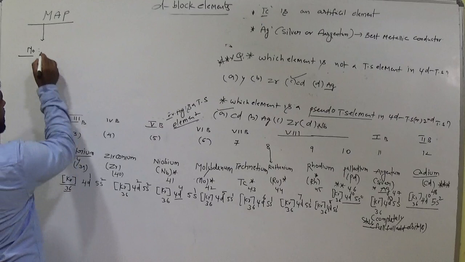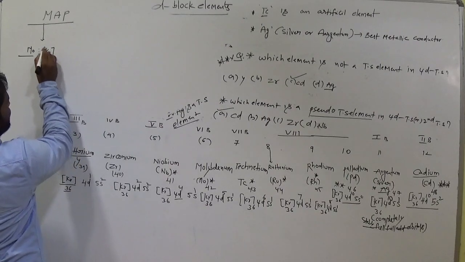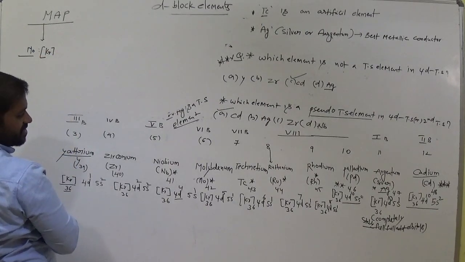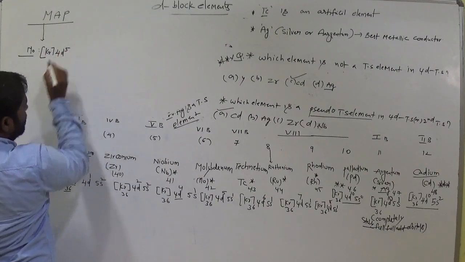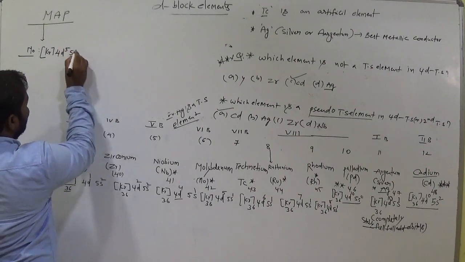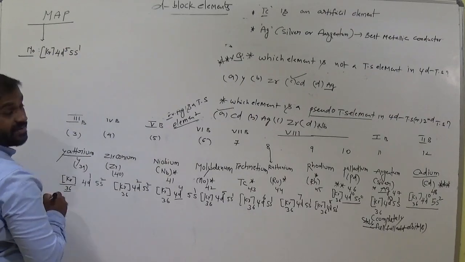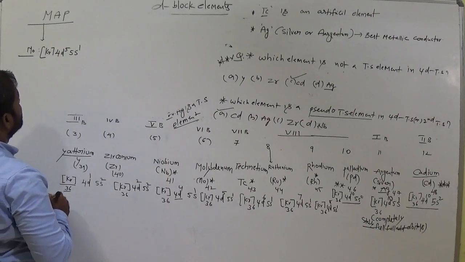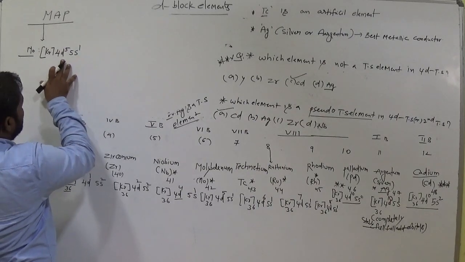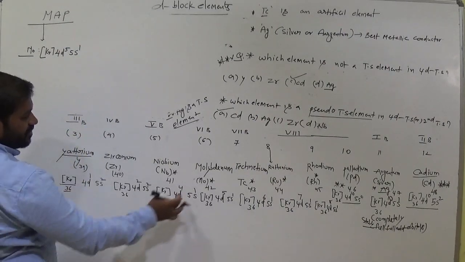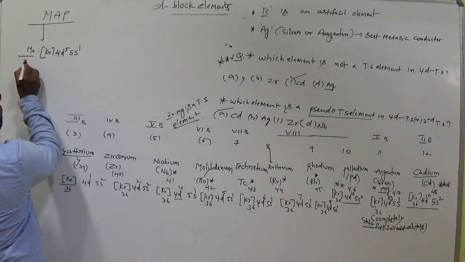Molybdenum: krypton 36, 4d5, 5s1. Clear? 4d5, 5s1, okay? So 36, 37 and 42. Molybdenum is 42, clear?